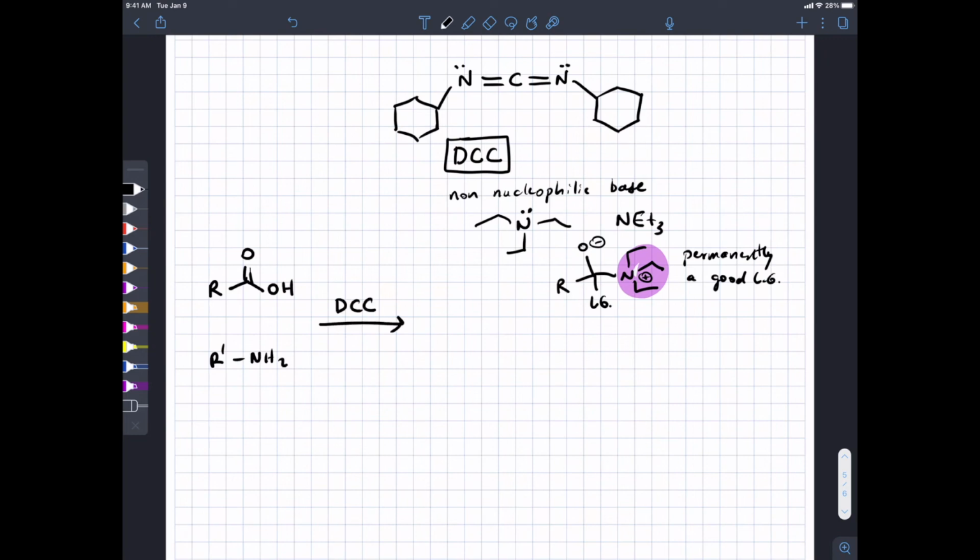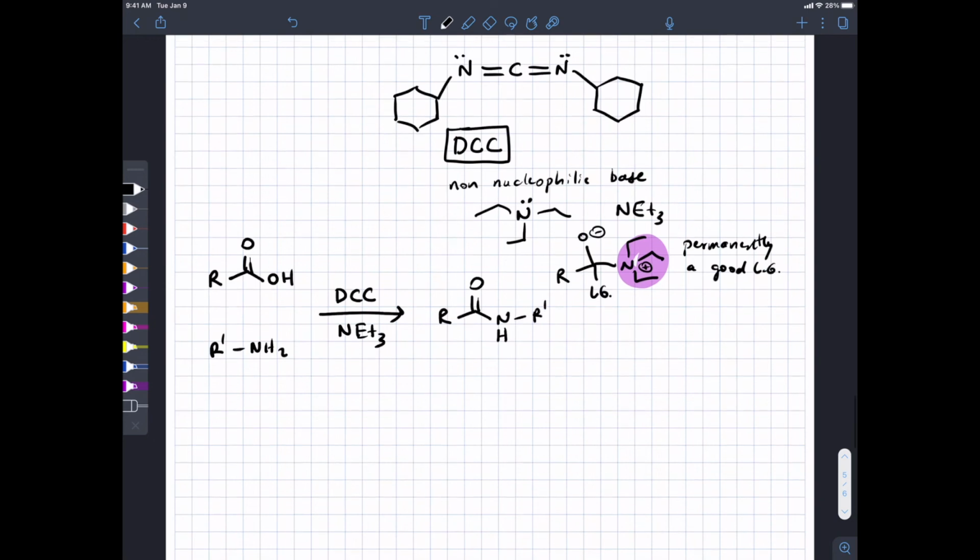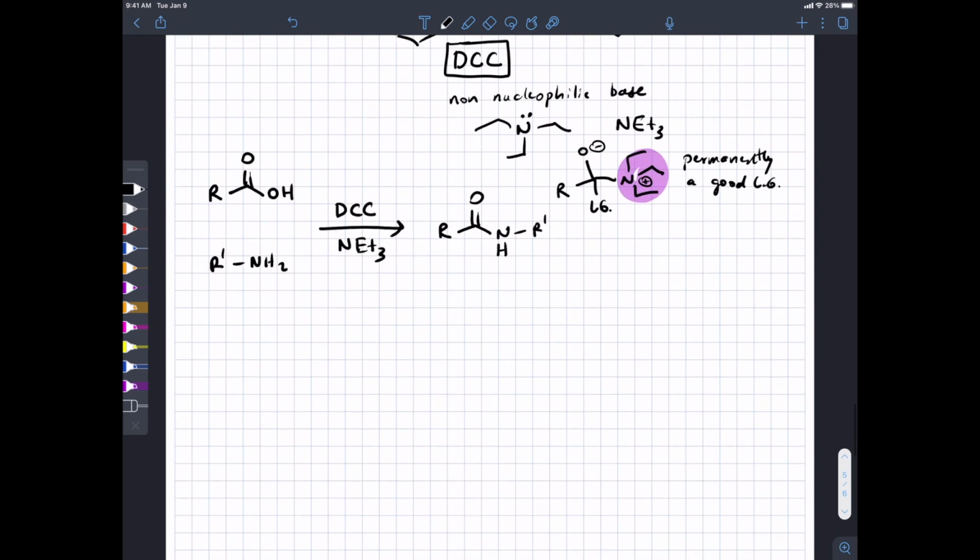You use DCC and triethylamine. It's possible, I don't remember, that your text neglects to put the base in there, and if it does, that's fine. It's okay if you forget that. The overall effect is to connect the carbonyl of the acid with the nitrogen of the amine in an amide bond.